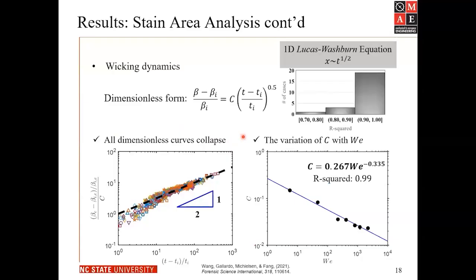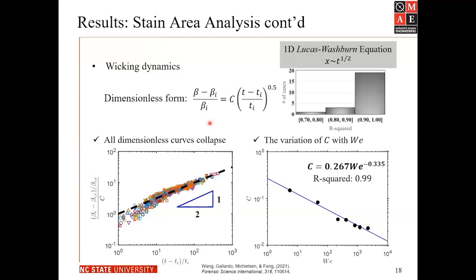So as we have demonstrated in the previous discussions, the wicking actually contributes significantly to the final stain area. And based on our data, we want to develop some kind of simple model for the wicking dynamics. We want to see how the wicking will change with time.